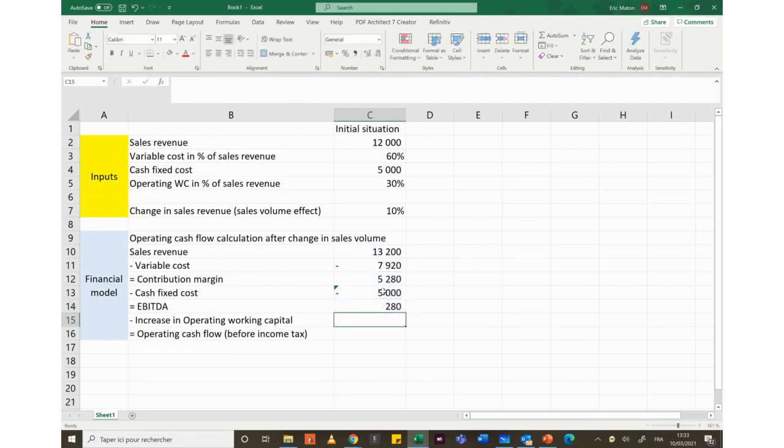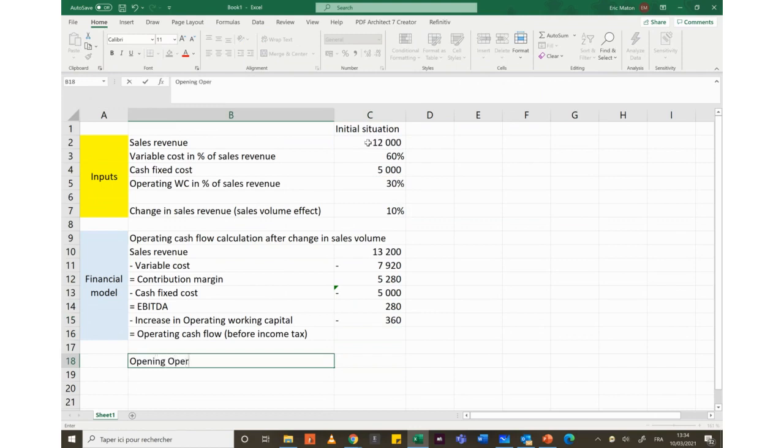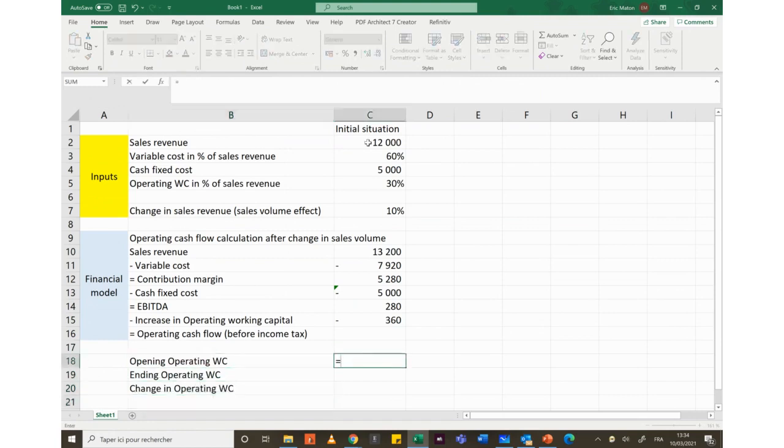So the EBITDA is 280. The increase in working capital is the 10% multiplied by 30% of the initial sales revenue. So we want just the increase. The other calculation, if you want, is opening operating working capital, ending operating working capital, and now we have the change in operating working capital. The opening is 30% multiplied by 12,000.